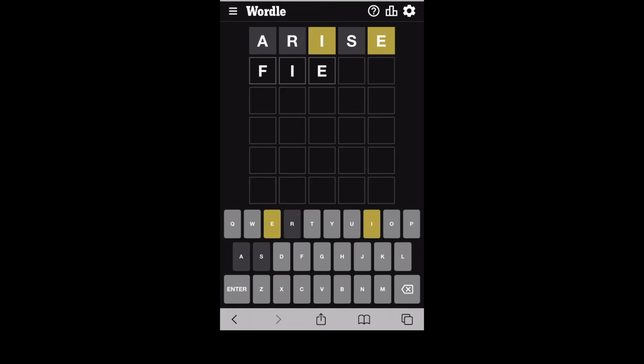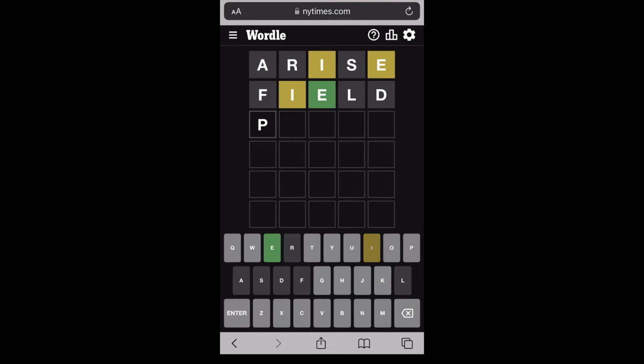My second guess is FIELD. Now the letter E is in the correct spot. I also get information that the letters F, L, and D are not in the hidden word. With this, I again update my belief of what the hidden word is. Let me try PIETY.